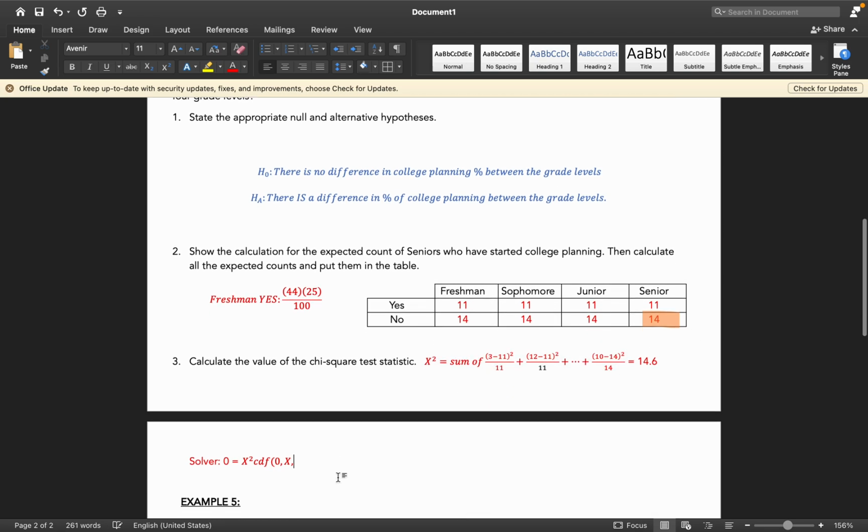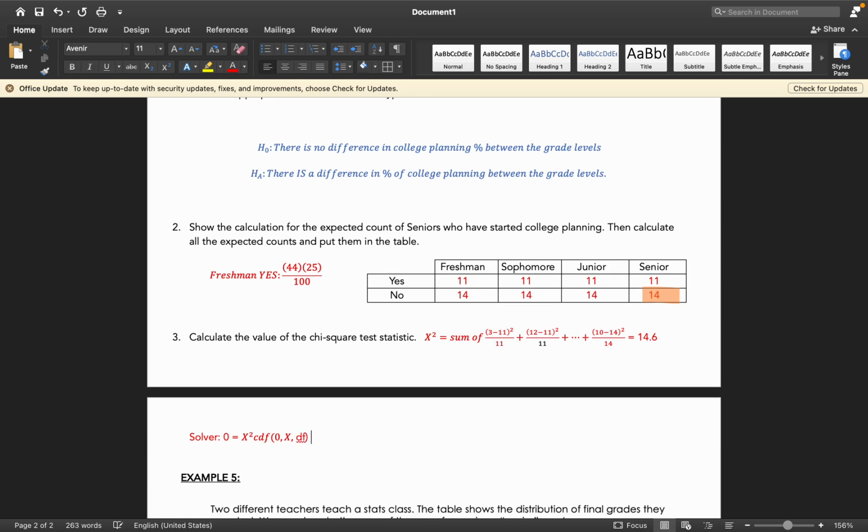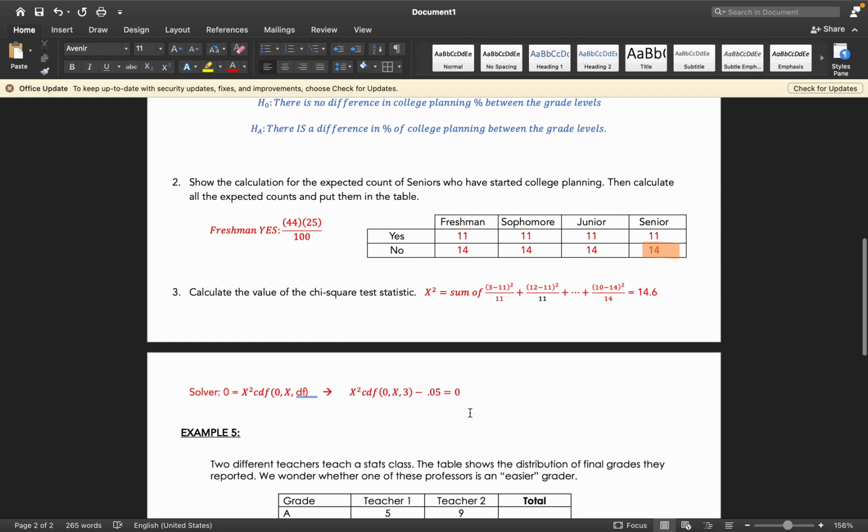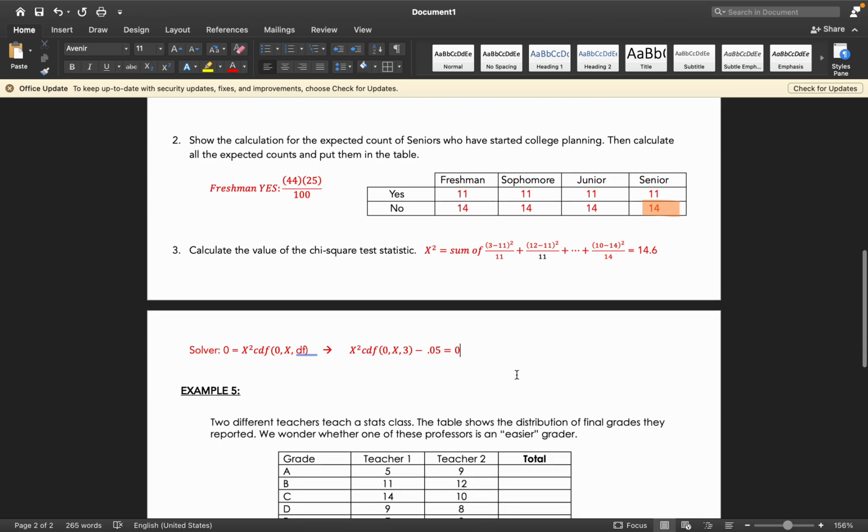So that ends up being chi-squared CDF from 0 to x, 3, minus, and then I'm going to find out what my alpha level is. Let's say it's 0.05. I'll use my solver to solve for the chi-squared cutoff value, and then I'll test my 14.6 against that cutoff value.